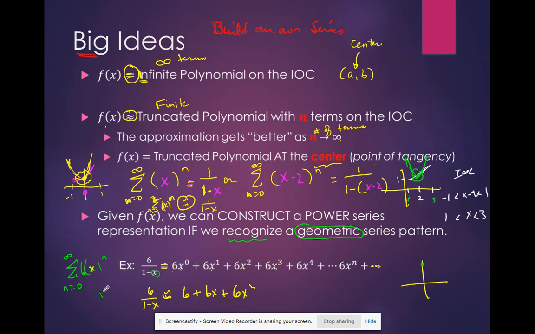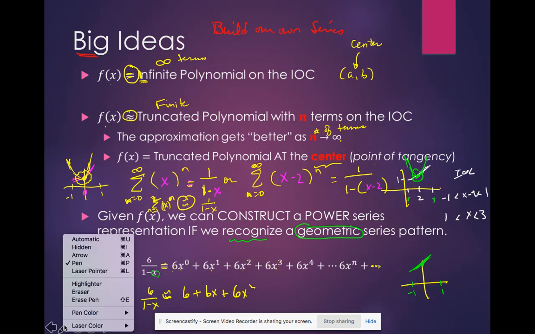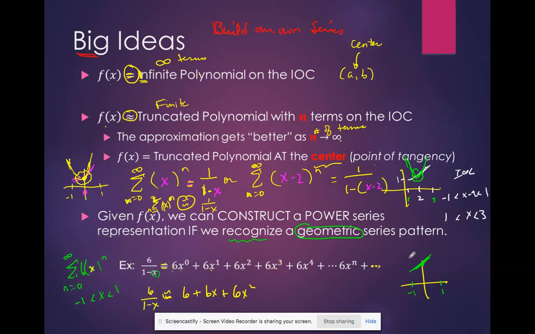Because this is geometric, x has to be between -1 and 1. Maybe it looks something like that. And I don't know, maybe it looks completely different. I'm just making that pattern up. And this quadratic is close.